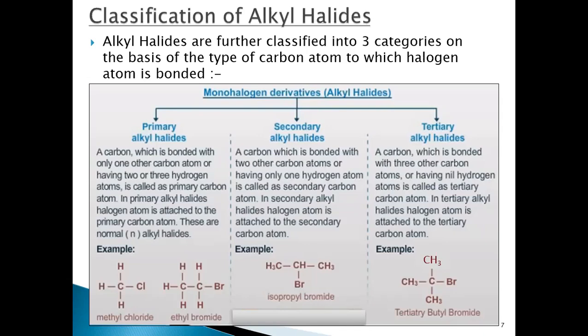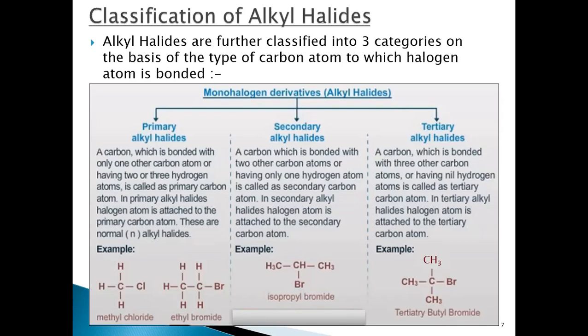Similarly, you can see here in ethyl bromide, bromine is attached to a carbon which is attached to one other carbon, only one carbon, and 2 hydrogens. Means this carbon is also primary. This is again an example of primary alkyl halide because bromine is attached to the primary carbon.